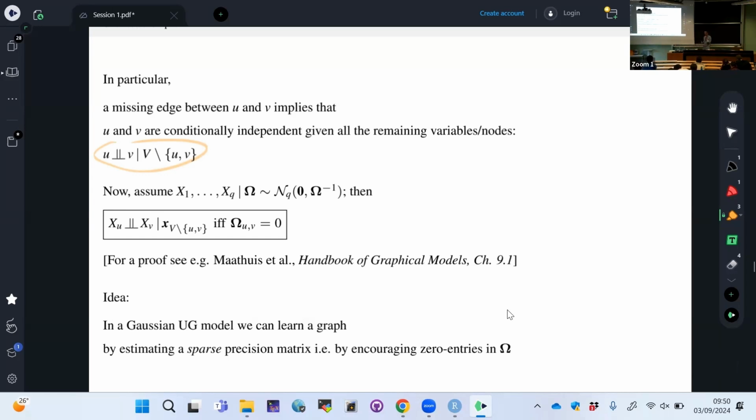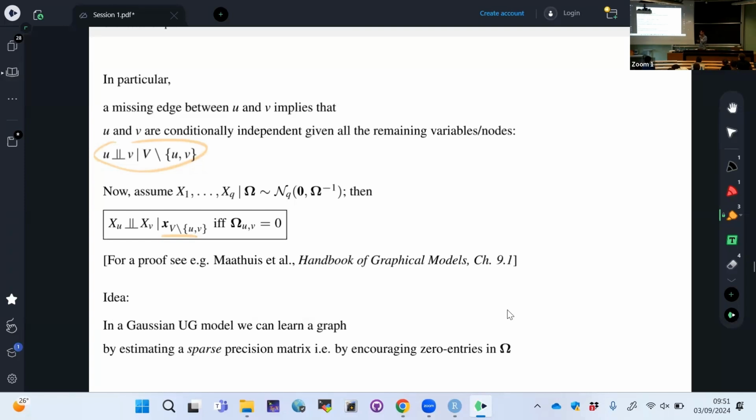If we assume that x1, ..., xq has a multivariate normal distribution, with, for simplicity, 0 mean, then xu and xv, the two random variables, are independent given all the remaining ones, what I call x sub V minus UV, if and only if the element at position u and v in the precision matrix omega is equal to 0.